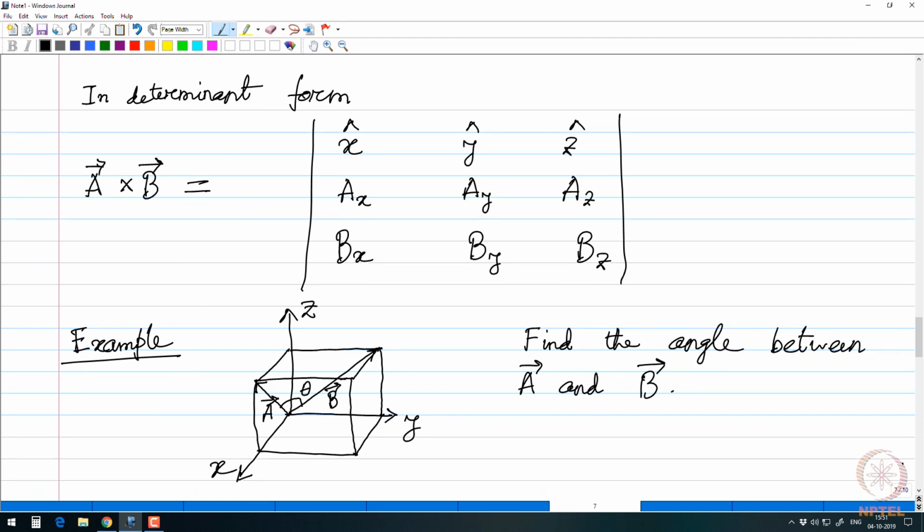So let's write down A in its coordinate form. If we look at it, we can see that A projected onto x axis will give us 1. That means its x component is 1 x cap. Projected onto y axis, there is no projection, it is 0.